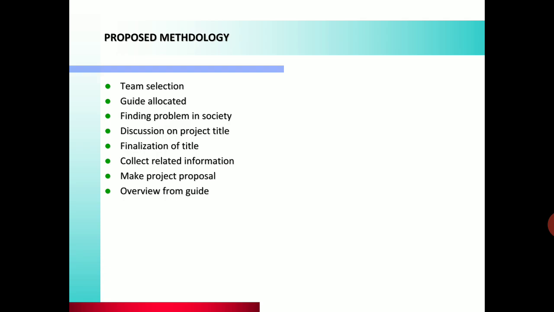After that we discussed this problem and found a solution in the form of a project. Then we finalized our project title. Then we collected related information about this project and made the proposal on it. After completing this process, we reviewed all these activities and the proposal with our guide.